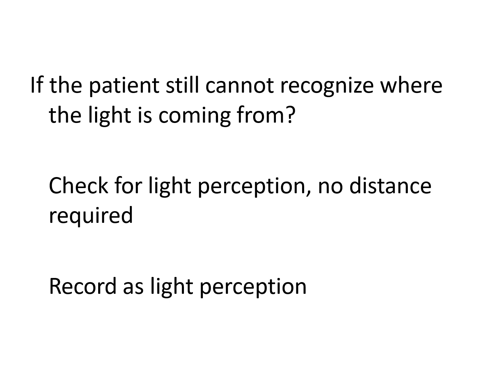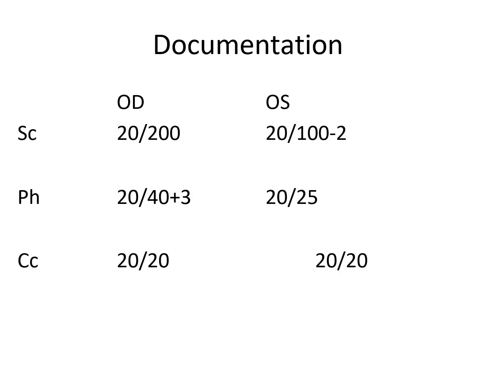If he or she cannot locate it, you just ask the patient if he or she can see any light at the same distance. So if in case the patient sees this, record it as light perception. So this is just an example of how you document your findings.